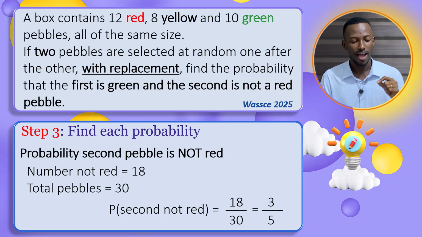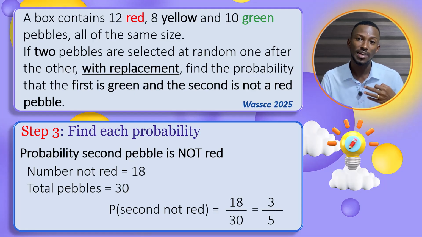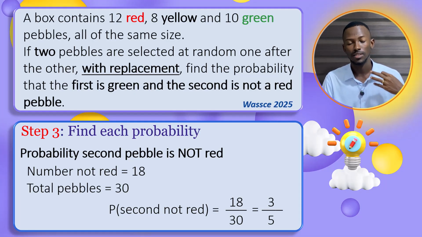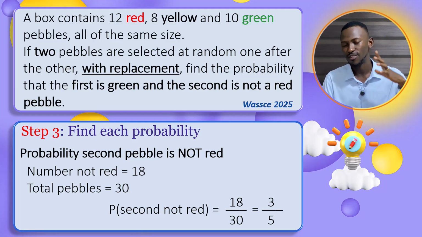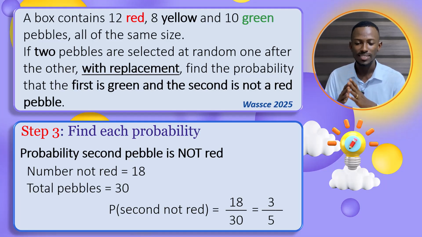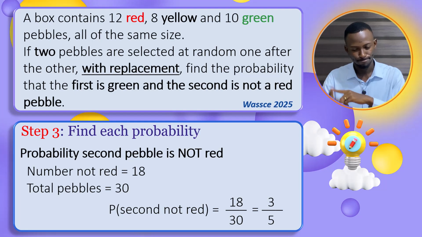Why 3 on 5? Because a common factor for 30 and 18 is 6. 18 divided by 6 is 3, and then 30 divided by 6 is 5. So we have the final answer being 3 on 5. This is the probability that the selected pebble is not red.